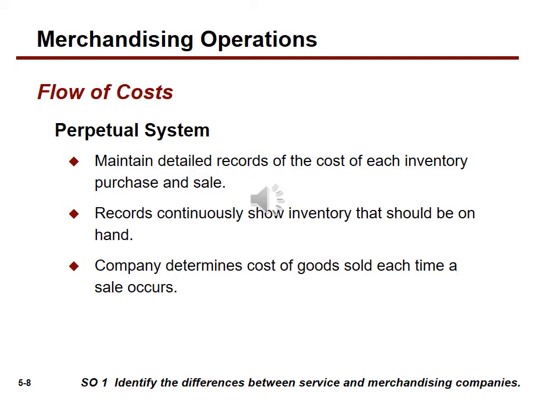So at any point in time, you could find out exactly how much inventory is actually held in the organization. And finally, also unlike the periodic inventory system, under the perpetual inventory system, the company determines the cost of goods sold each time a sale occurs.